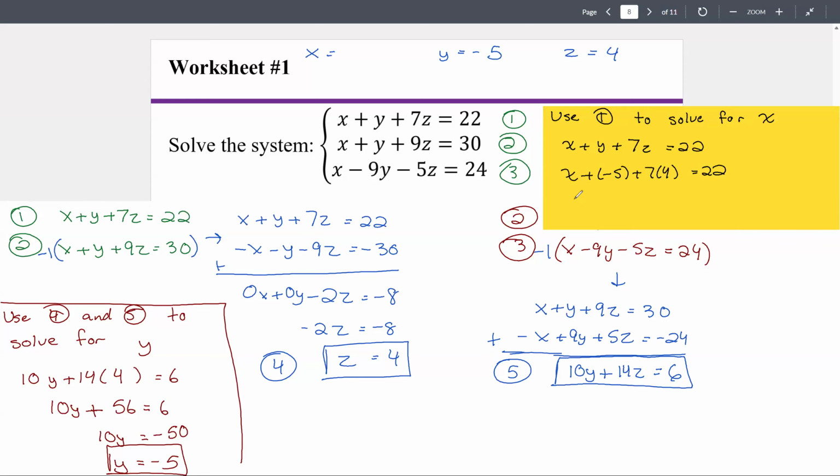So what we have here is x minus 5 plus 28 equals 22, and that ended up being x plus 23 equals 22. So when we solve for x, x is just going to be -1. So my solution is the ordered pair -1, -5, 4.